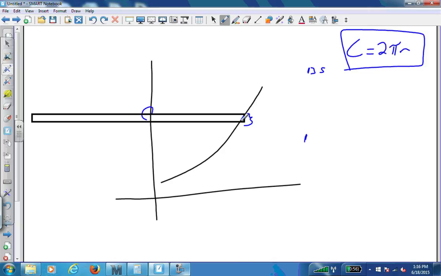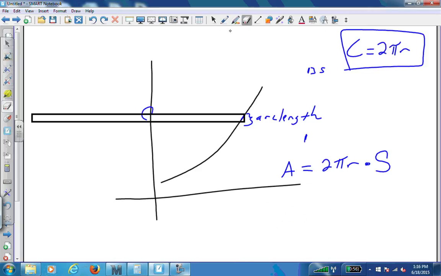Notice it's not necessarily just vertical or just horizontal, so that's our arc length. So area, length times width, so length times arc length.